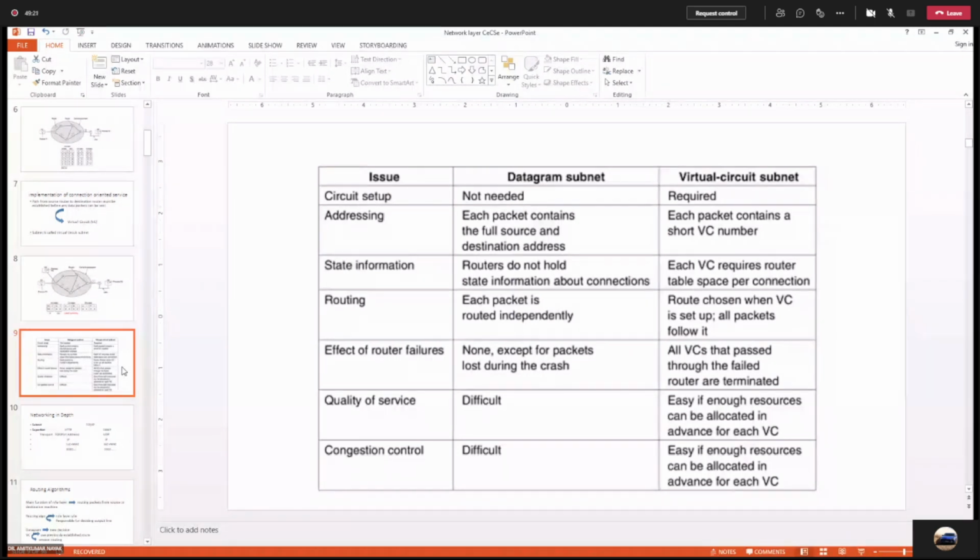There are 1 or 2 points which we can add here. Which particular subnet, whether datagram subnet or virtual circuit subnet, is easy to implement? If you consider the complexity of implementation, then which is easier to implement, datagram subnet or virtual circuit subnet?